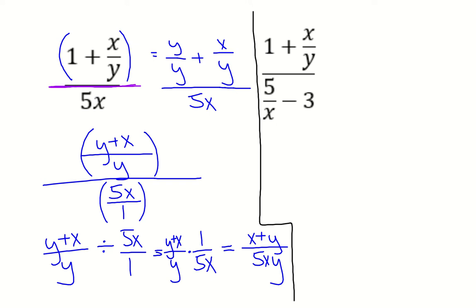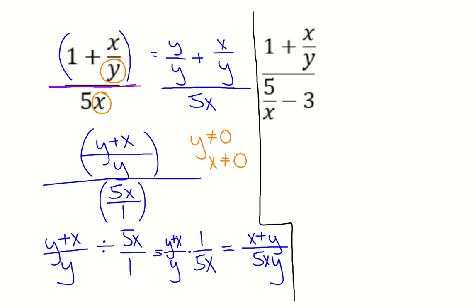So the y here cannot equal 0. Also, the x cannot equal 0 because that would mean I'm dividing by 0. And other than that, looks pretty good. Those would be the only disallowed values for that problem.